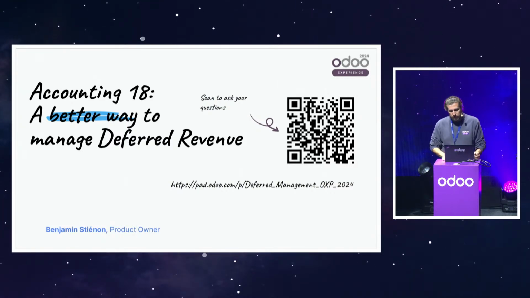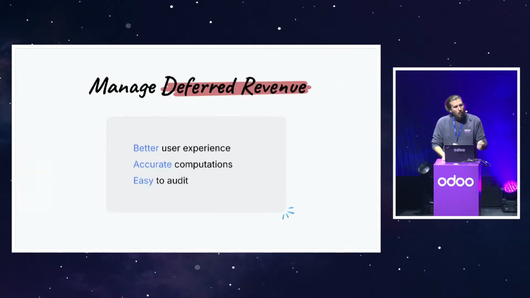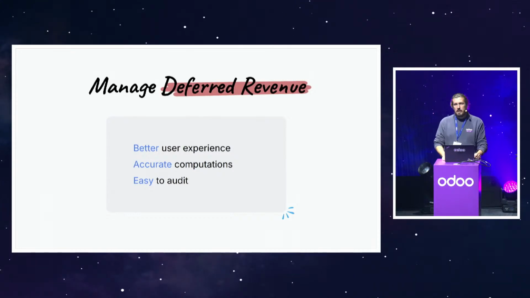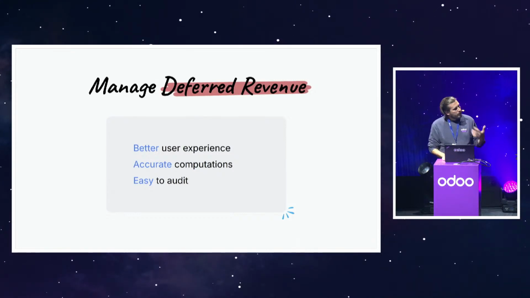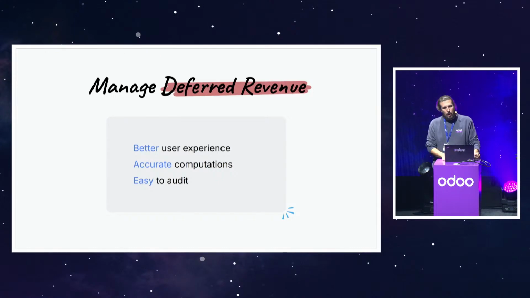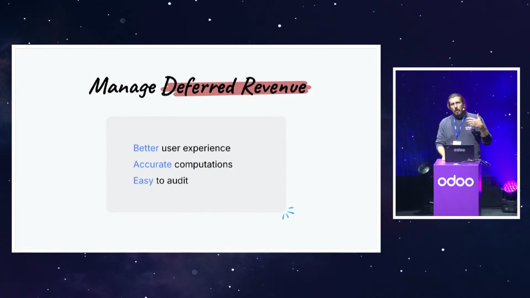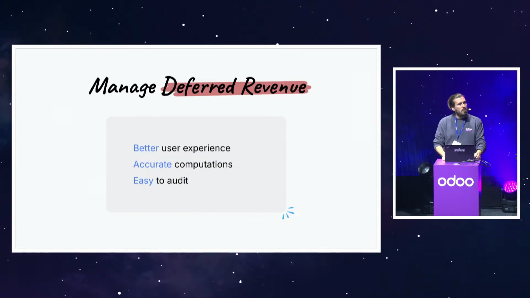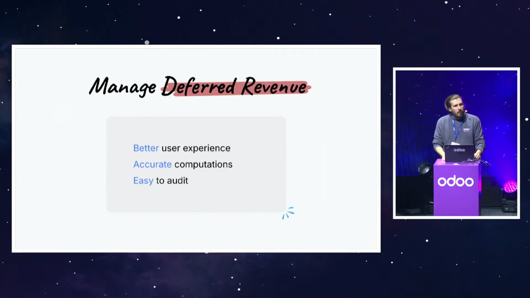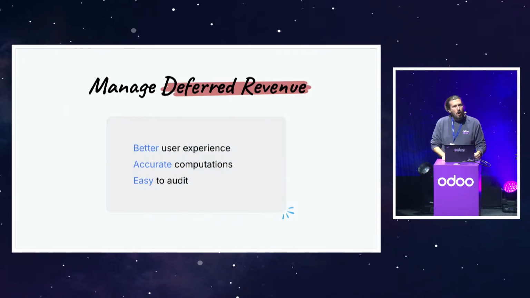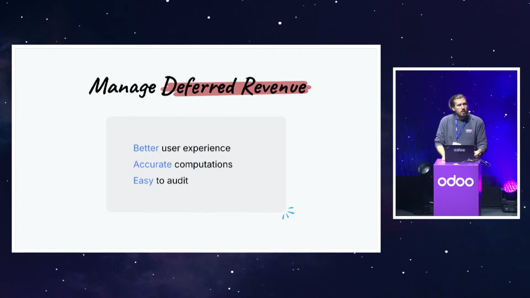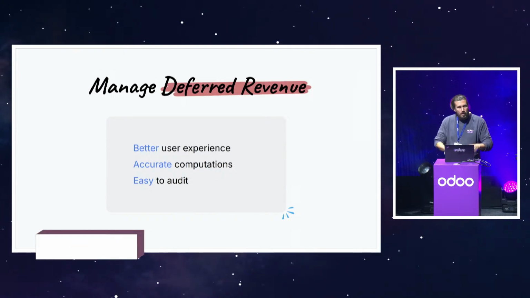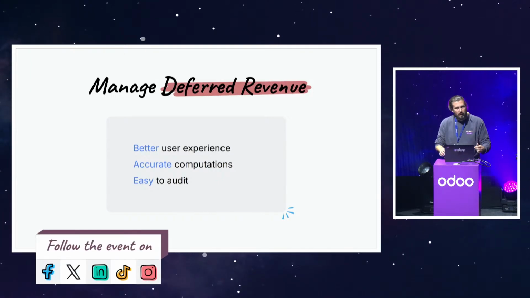How do we proceed? So, why do we say a better way to manage deferred revenues? It's simply because the user experience is now better, the computations are accurate, and we also want to highlight the facility, how it is to use, and how easy it is to audit the figures when you have masses of data, masses of income.